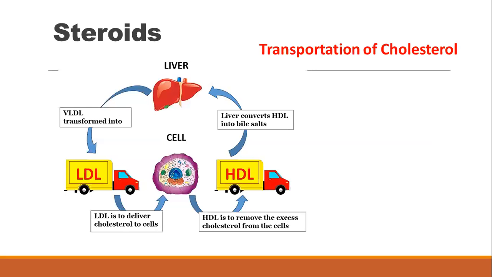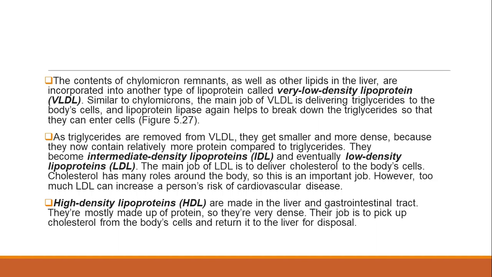As triglycerides are removed from VLDL, they get smaller and more dense because they contain relatively more protein compared to triglycerides. So they become intermediate lipoproteins and eventually low density lipoprotein.